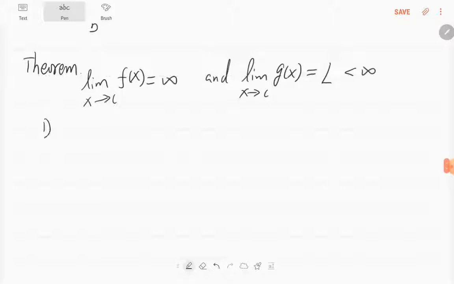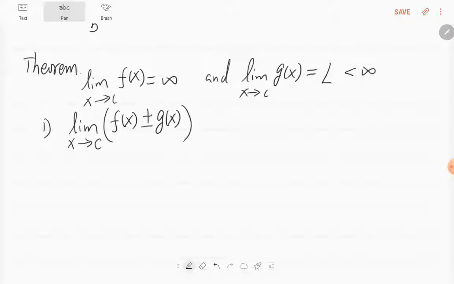Then the first result is the limit as x approaches c of f of x plus or minus g of x.